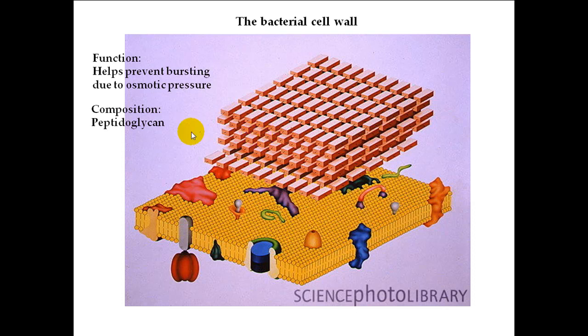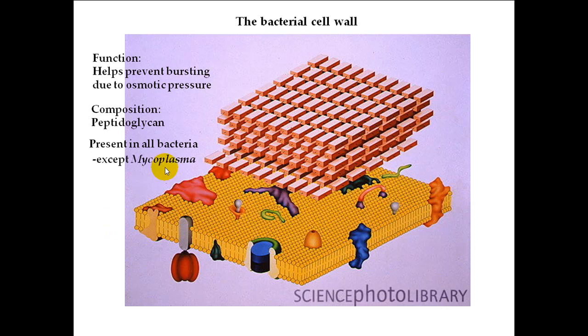We'll take a closer look at the structure of peptidoglycan in a second, but we'll mention one more general thing about the bacterial cell wall, and that's that pretty much all bacteria have it. So it's an important structure to prevent, again, that bacterium from bursting. There's only one exception, though. There is a type of bacterium that does not have a cell wall, and that type of bacteria is called mycoplasma.